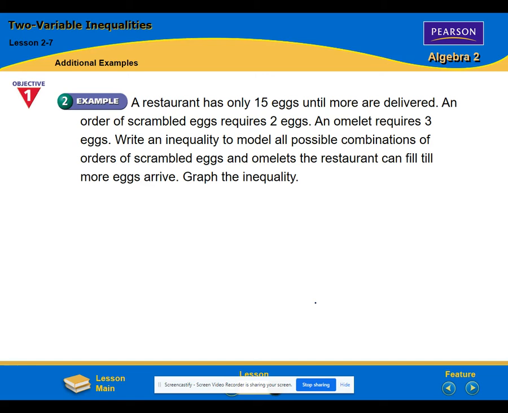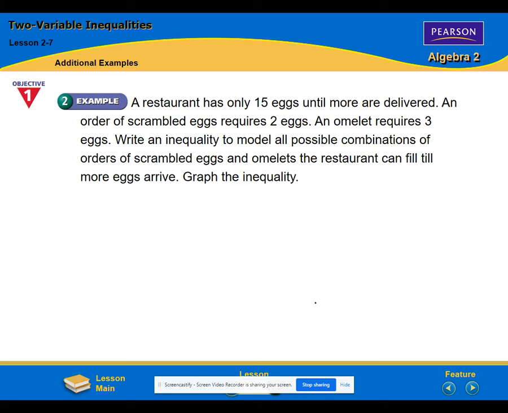Sometimes when you read a problem like this, it becomes a little bit difficult for students to figure out just what the variables are. You got to read through and identify, what is it that we don't know. The variables are things that we don't know. So it's not the number of eggs, right? Because we know that 2 eggs goes into scrambled and 3 eggs goes into an omelet. What's actually unknown here is how many of those things we're going to sell.